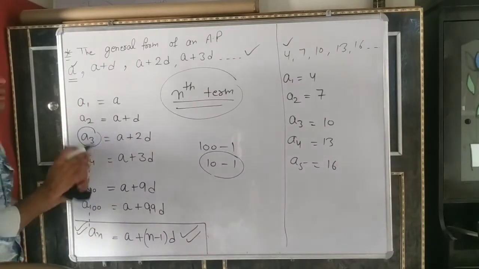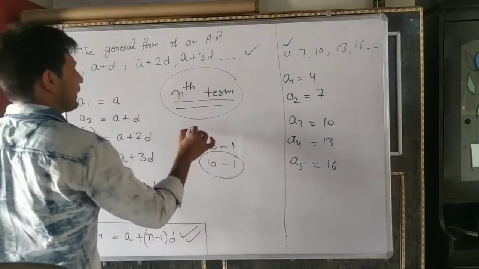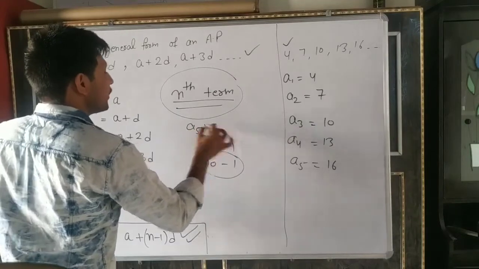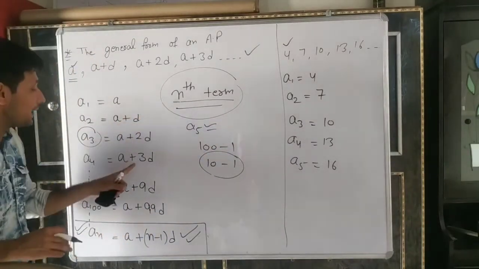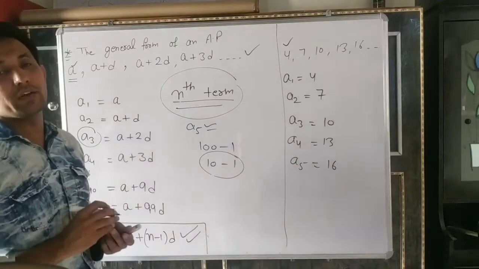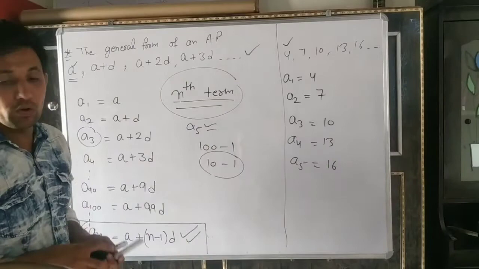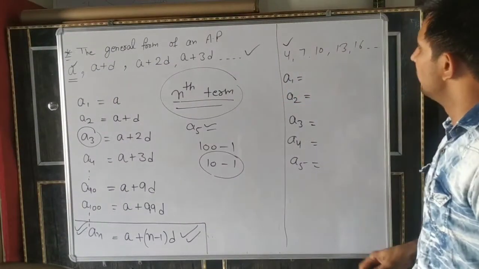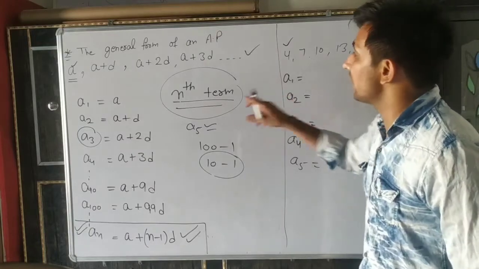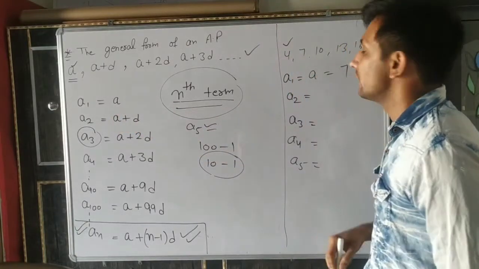A3 means the third term. If I write here A5, it means the fifth term. And if I write N, it means the total number of terms. You have to remember. Understand here? So you can also write A1 for the first term. A1 is always equal to A, and here it is 7.